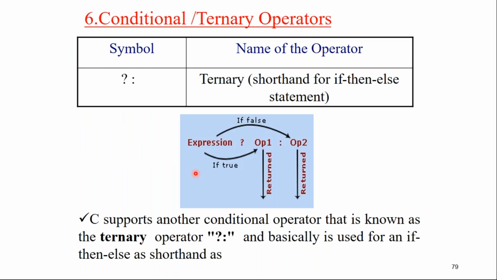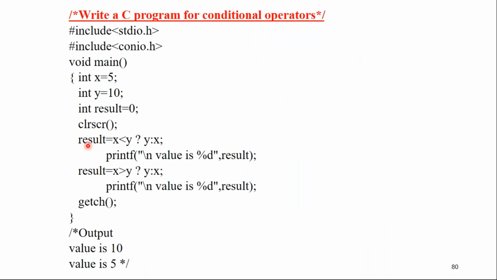Next, this is the conditional or ternary operator. We have a syntax where we have some expression, and operand 1 and operand 2 will be there, and one of them will be displayed. The syntax will be like this: result equal to x less than y question mark.